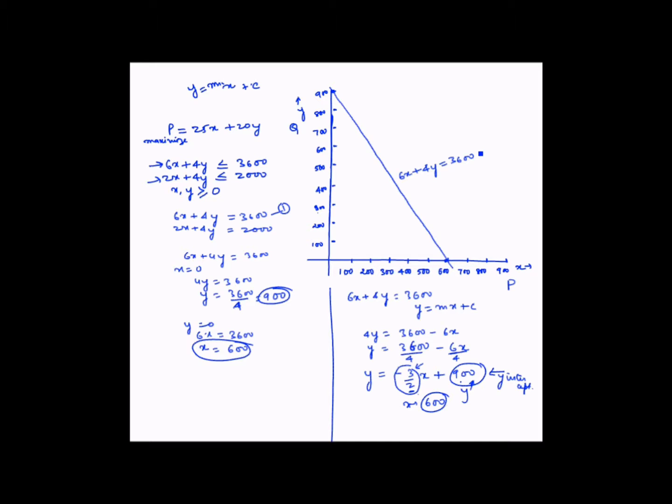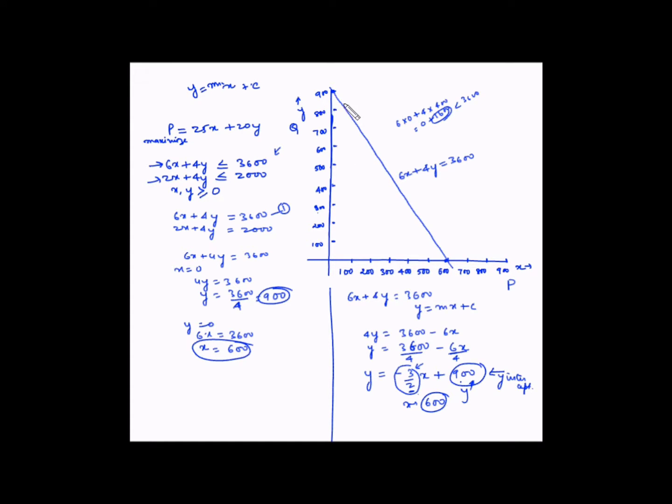Now, if you want to verify, you can take any one point. So suppose you take y is equal to 400 and x equal to 0. So if you put in this equation here y equal to 400 and x is equal to 0, so 6 multiplied by 0 plus 4 multiplied by 400, this is equal to 0 plus 1600, and definitely 1600 is less than 3600.